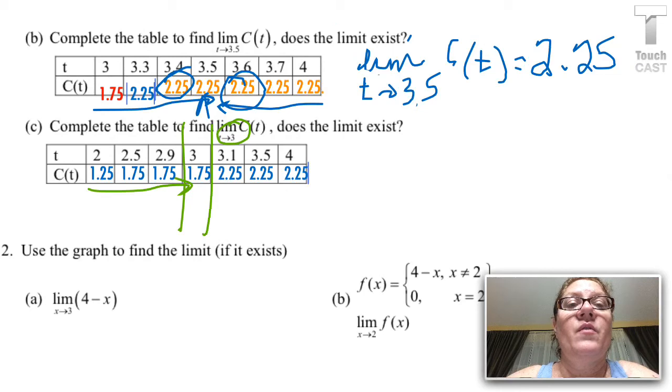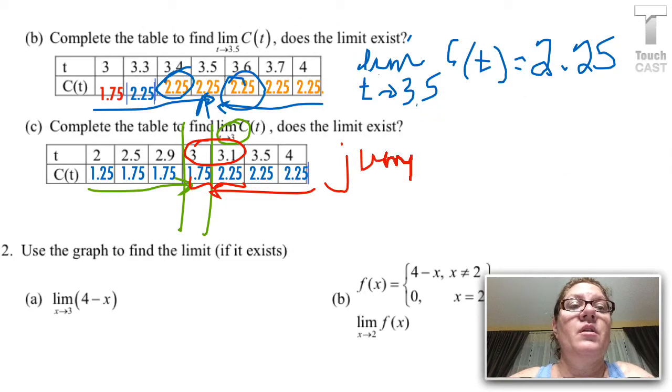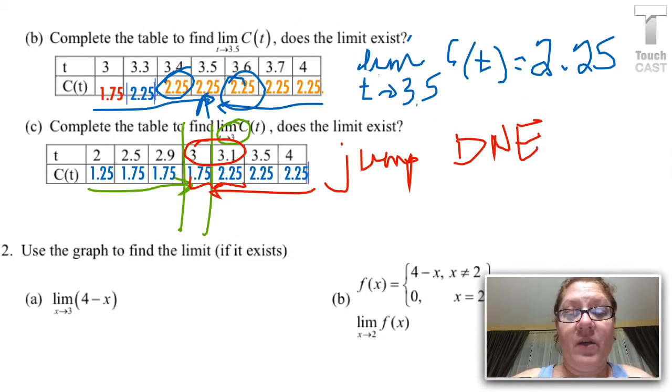And as I approach from the right, I notice, oh, it's 2.25. And so all of a sudden there's this big change in the numbers when they weren't very far off here, but they are far enough off here and definitely different. So there must be a jump in this, and so therefore my limit does not exist, since the values from the left and right are not approaching the same number.